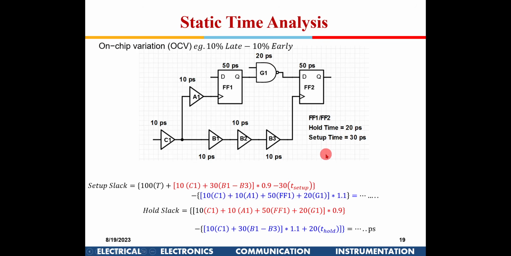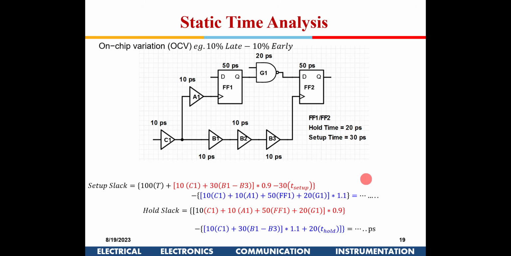Or many a times you may not have even decided what the Fab Lab is, and you have taken some GPDK file with some nominal values. In that case, you might want to take some arbitrary OCV percentage and do the static analysis. Finally, when the Fab Lab data comes, you might want to modify this. So this is known as on-chip variation. Is this concept clear to all?